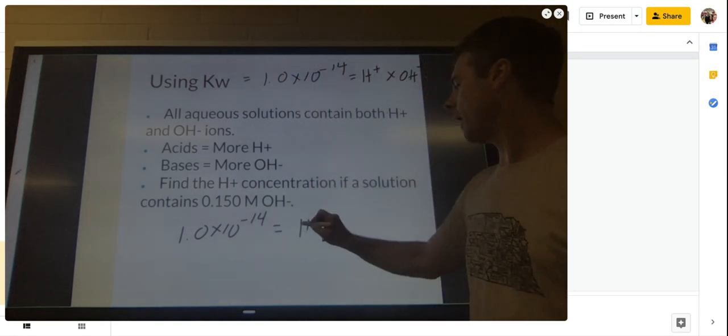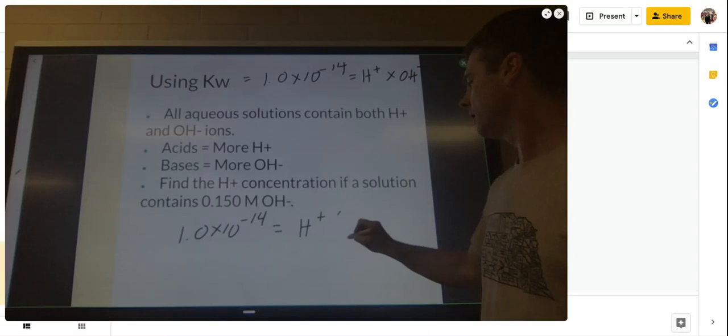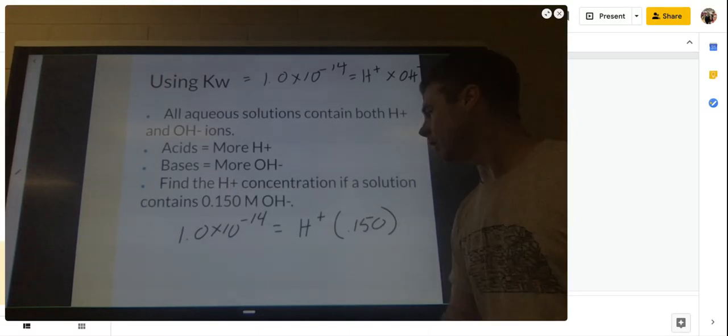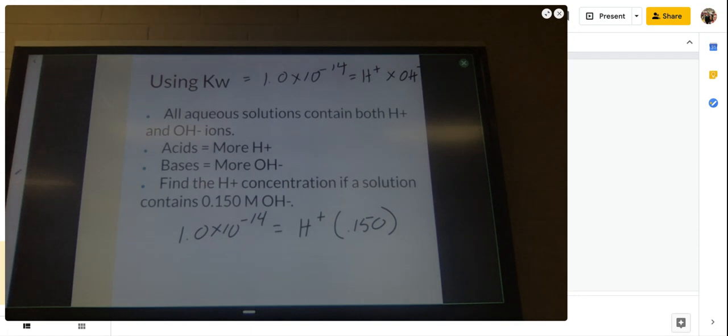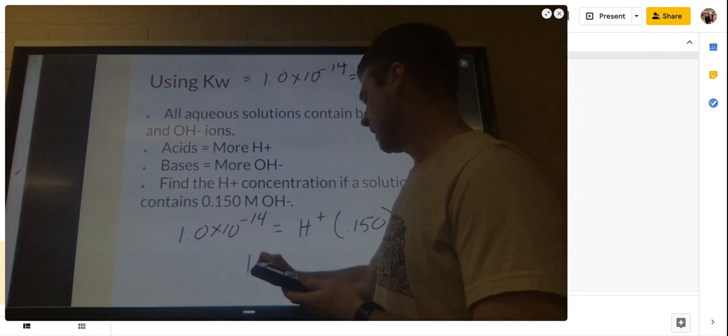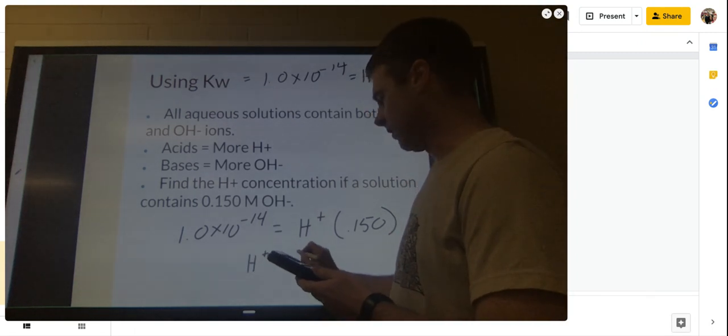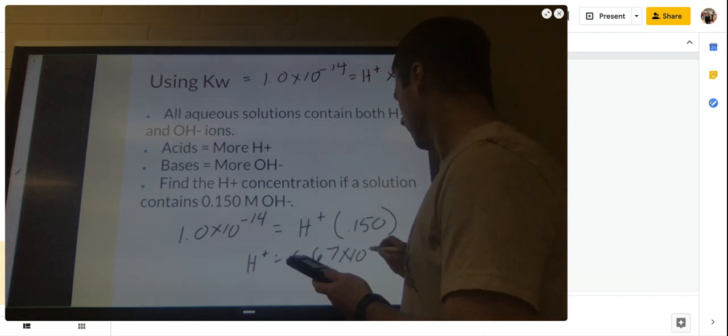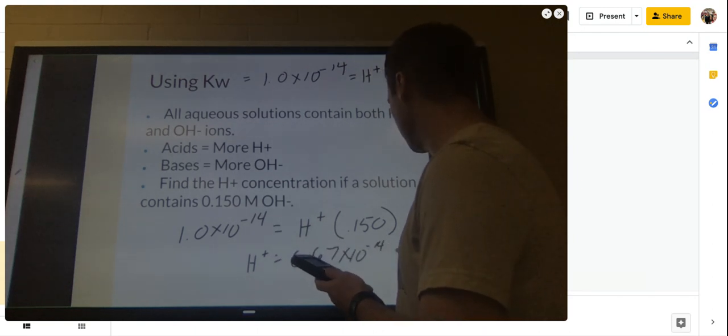So if I want to know the H plus and I only know the OH minus, how do I solve for that? Well, there's X. You do division. We would take 1 times 10 to the negative 14th divided by 0.15, and we would get the H plus concentration is 6.67 times 10 to the negative 14th, and this is molar.